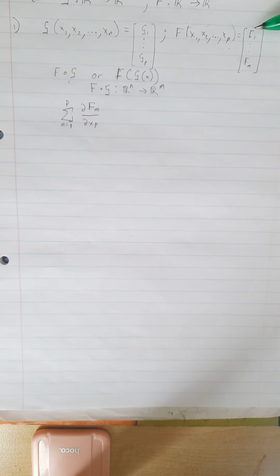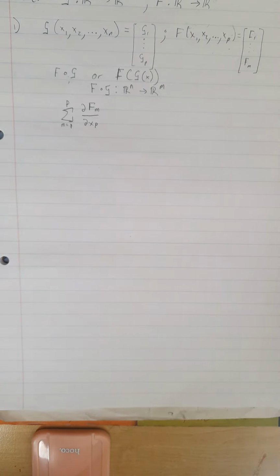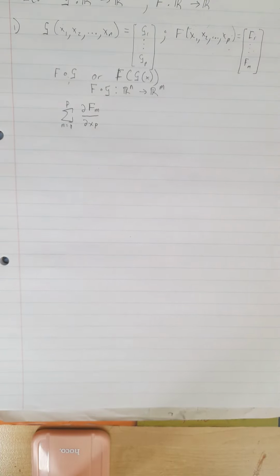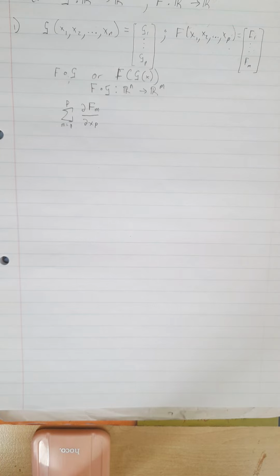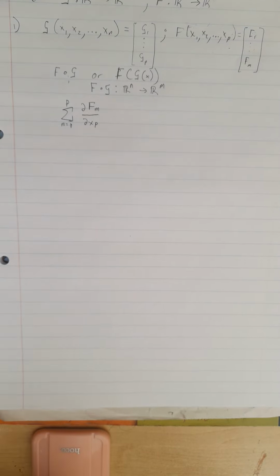We're taking the partial derivative of f1 up until xp, then the partial derivative of f2 until xp, and so on. Now, because these are vector valued functions, we have to keep in mind that you can't take a partial derivative of a single variable function. Hence, that's the only reason why we're having partial derivatives here.